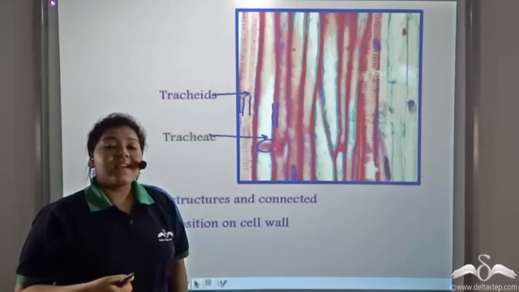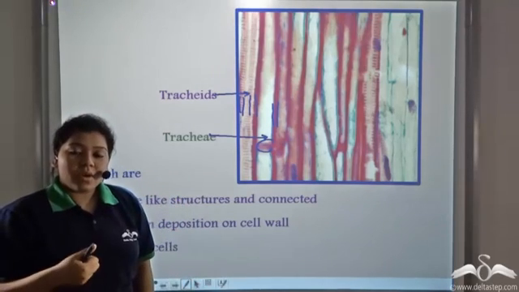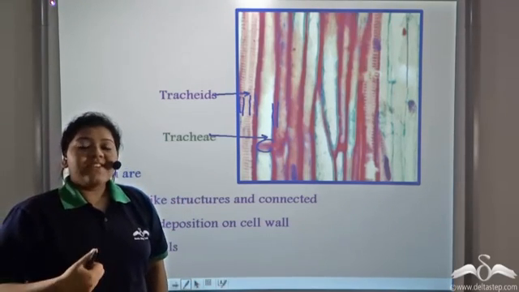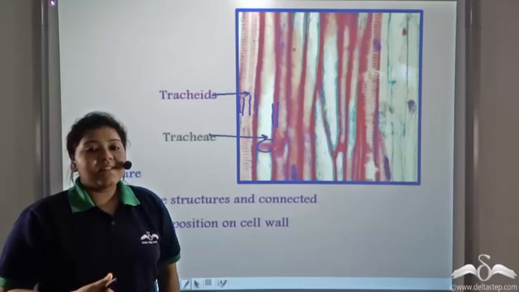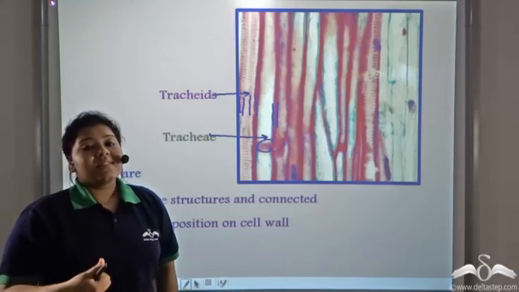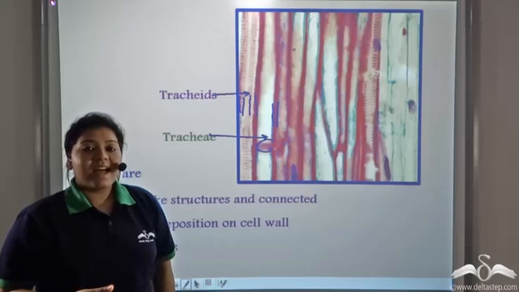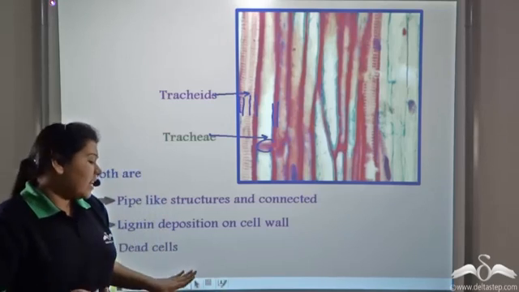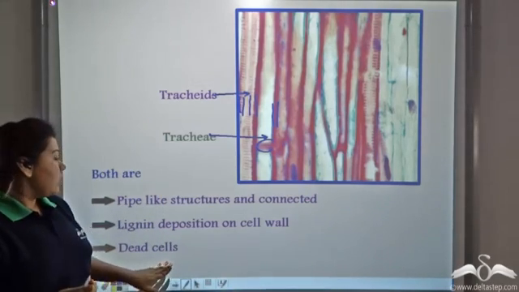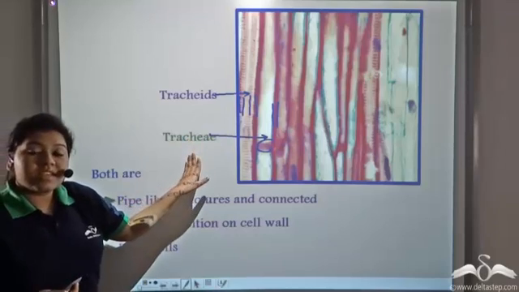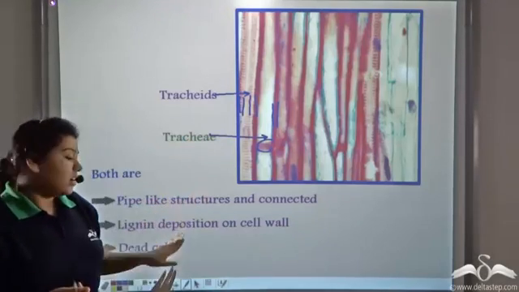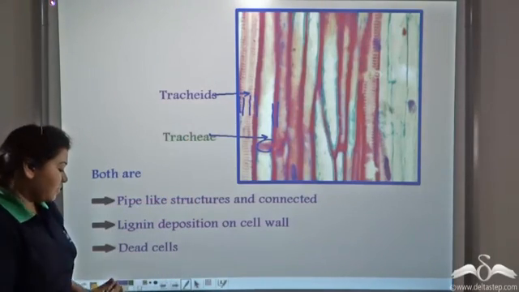This indicates the lack of the cellular organelles. If there are no cellular organelles, then the functions that the cellular organelles perform won't take place, and that indicates dead cells. So the tracheids and the trachea, both of them are dead cells.